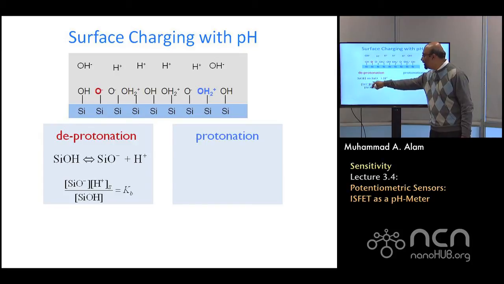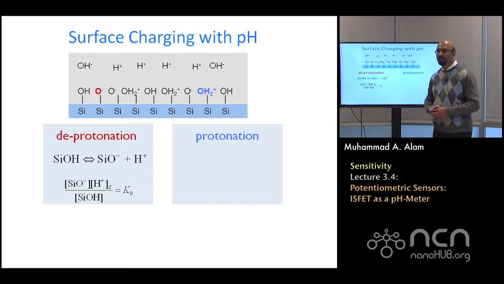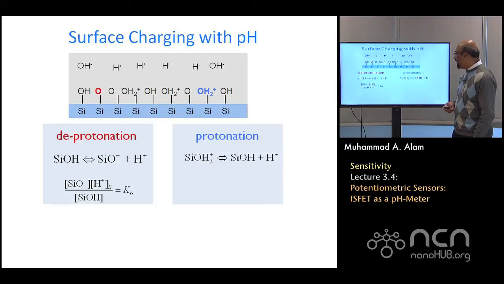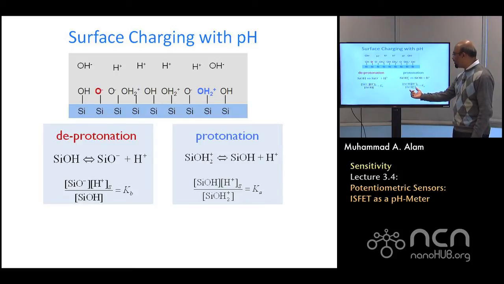The amount of hydrogen that you have on the surface dictates how many protons would go away. And that rate constant is known and measured, called Kb. Similarly, the protonation expressions are also known, because SiOH2+ can get broken into a proton and SiOH, returning to its original SiOH.